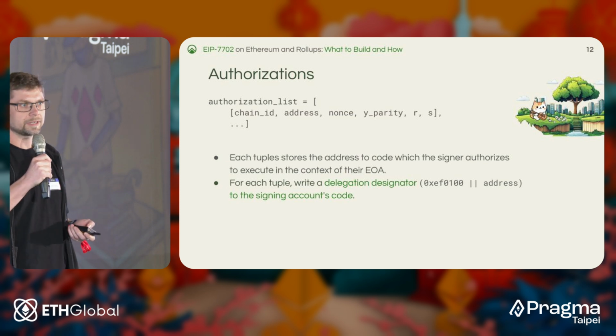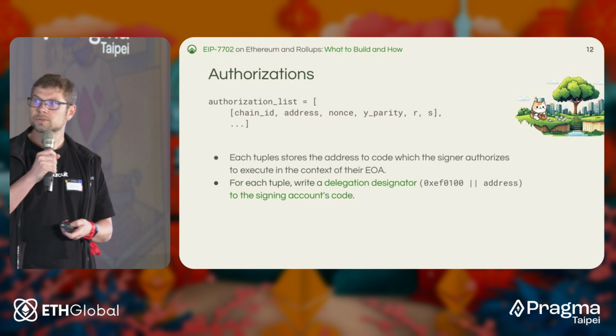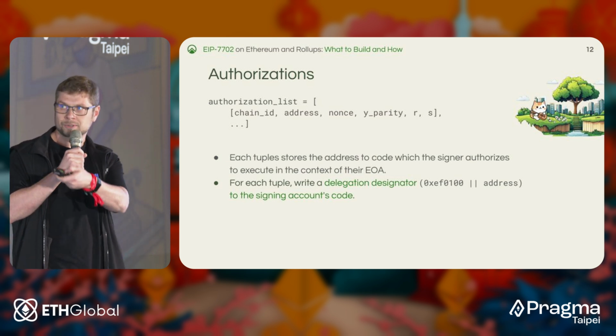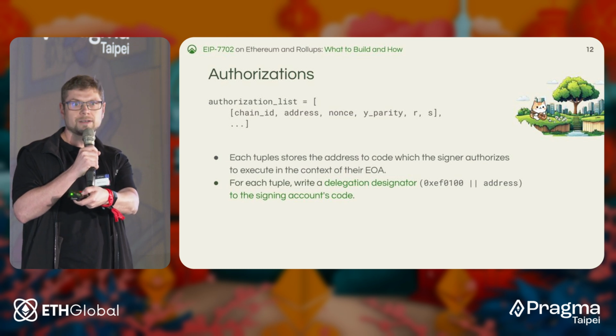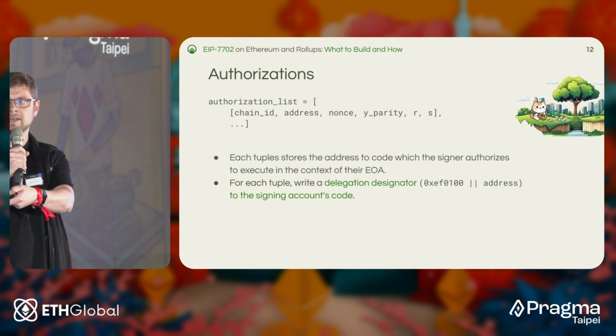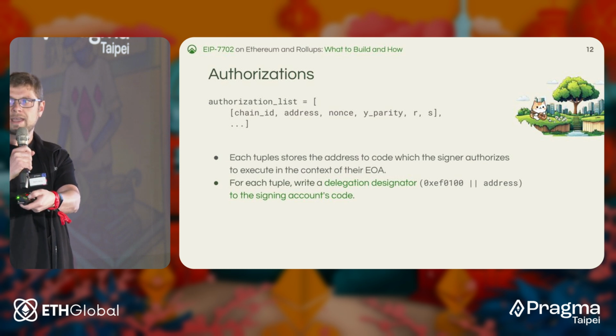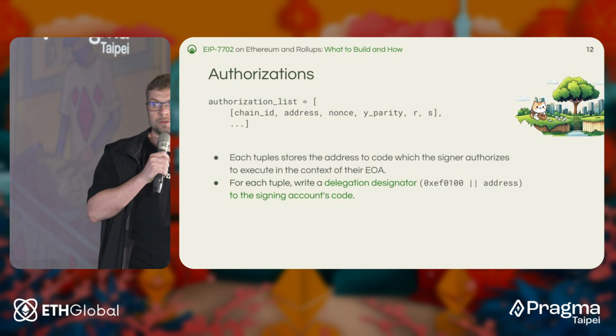And what we do is, to the code storage of each account that was part of this authorization list, we write some kind of a delegation designator. You can imagine it as a pointer. And that consists of some magic constant plus the address that is here. And that will tell us what smart contract this particular account points to.